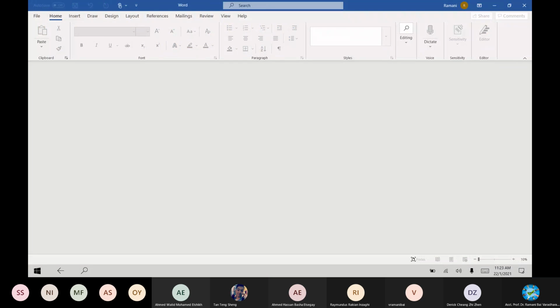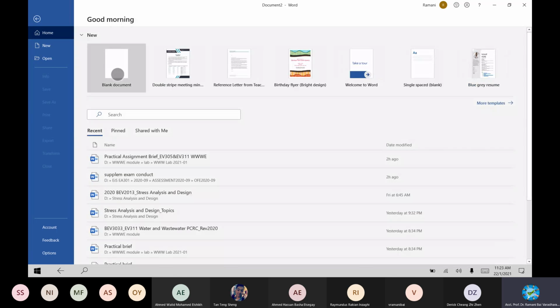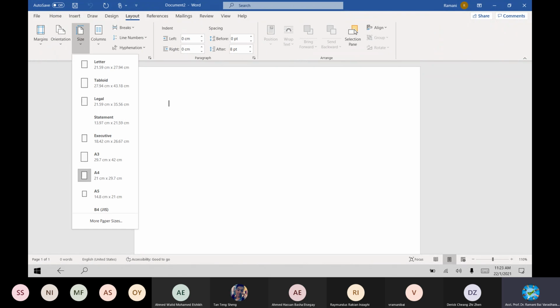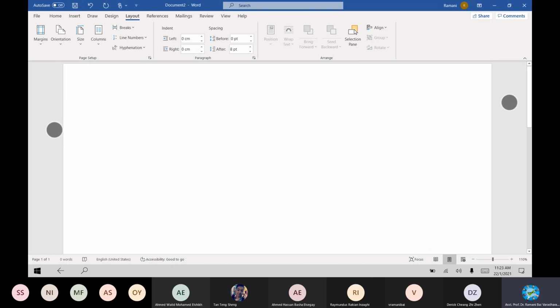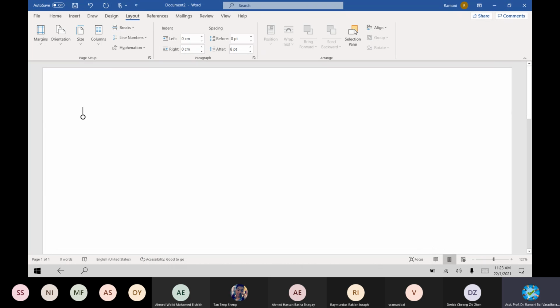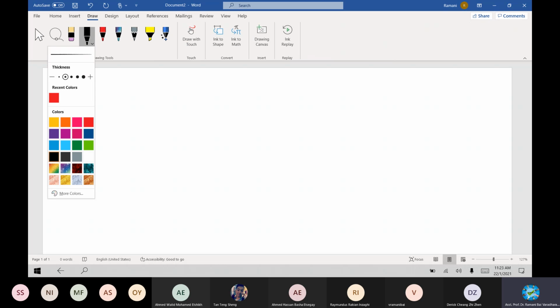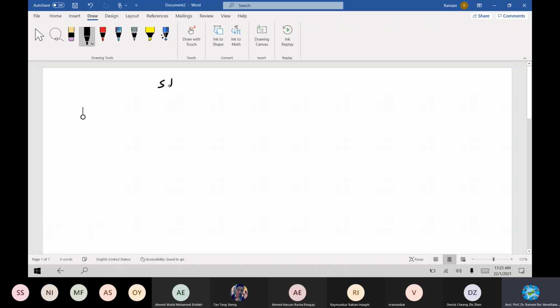Okay. Let me open a blank sheet. Okay. This is convenient for me to explain. Start with which material we can take? Mild steel, aluminum. Which one you can take? Let's take the mild steel. Okay. I'm going to give you the explanation on how the stress strain behavior is.